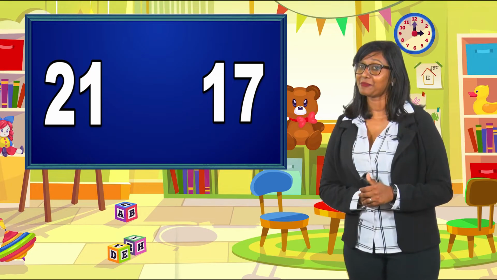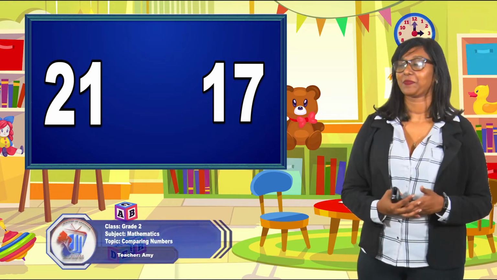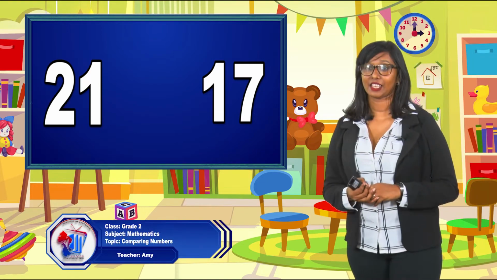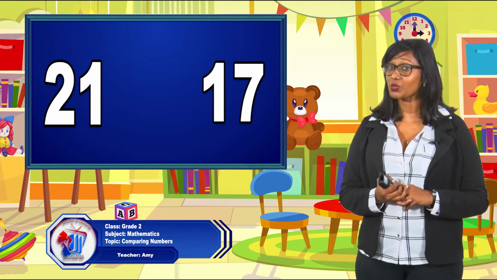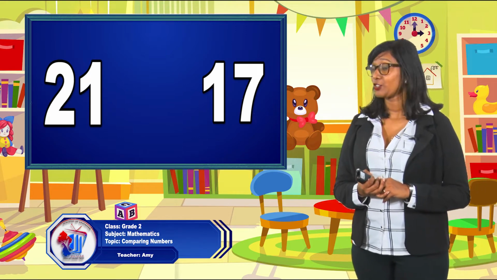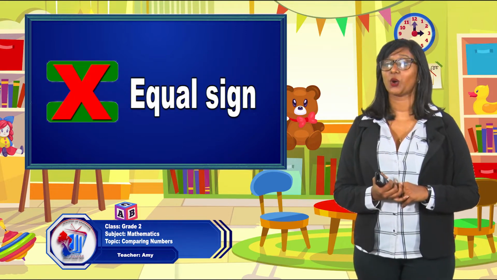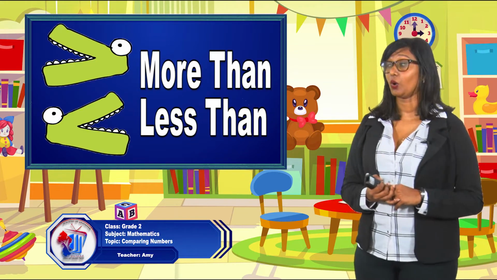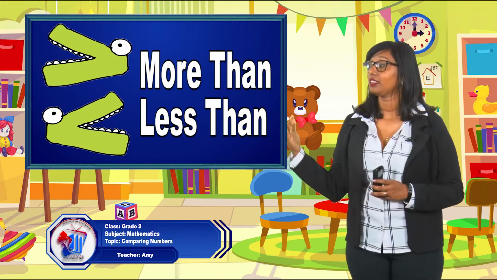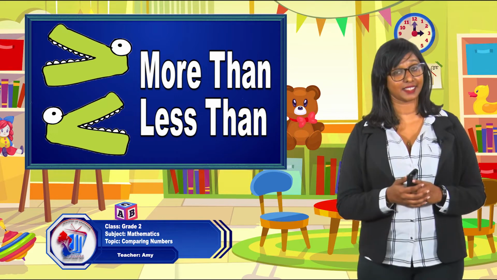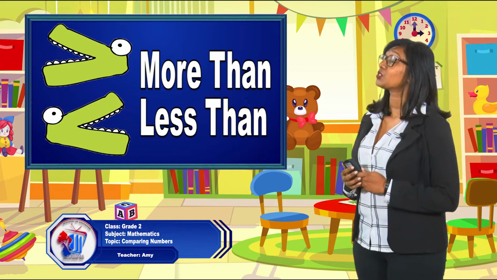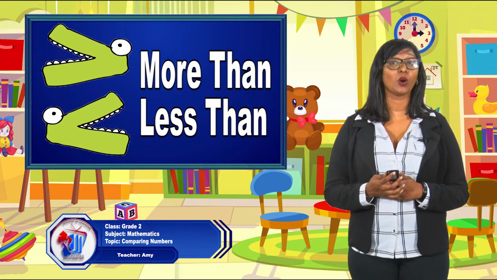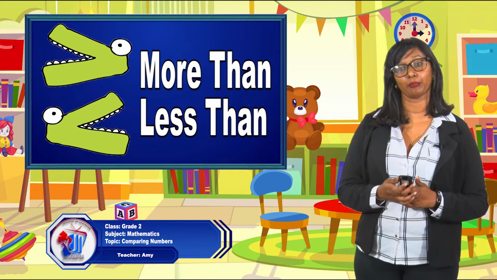Okay, time's up. Let's see. 21 and 17. Those two numbers are not the same. So therefore, we cannot use our equal sign. So we have to choose between the more than sign and the less than sign. So the alligator's mouth will be open to the bigger number.